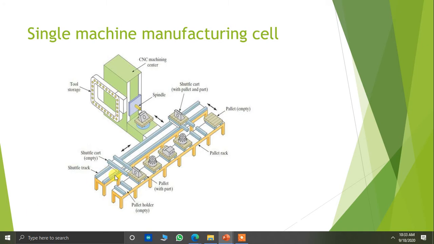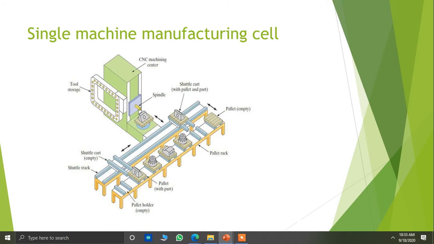The problem here with a single manufacturing cell is that whatever materials are being fed to it, it takes a lot of time. That means the next process that has to be taken care of will be on hold. At the same time you can produce a different variety of parts, but the number of parts produced will be less because one single machine is acting here.